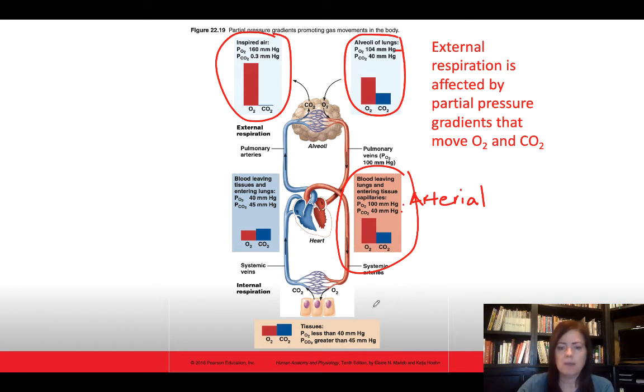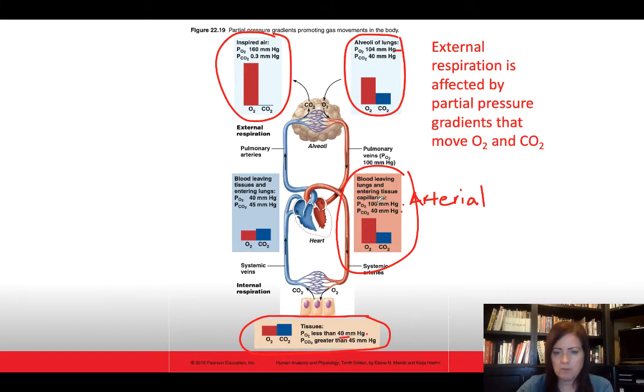And we travel down to the tissues, right? And so we're going to have these capillary beds that are going to feed tissues in the body with oxygen and carbon dioxide. So what do we see here? What's happening at the tissues? In the tissues, we have a lower partial pressure of oxygen. It's down to 40.